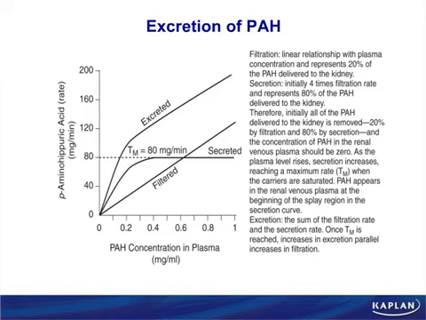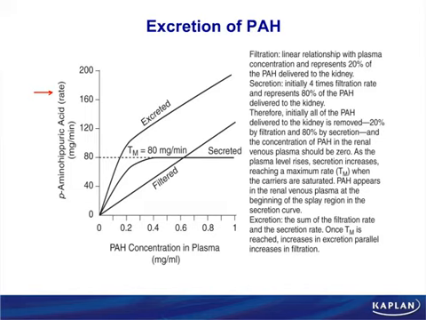Okay, so now we have to talk about graphing PAH. Whenever you're faced with a graph, the first thing you should do is look at your x-axis compared to your y-axis. Your x-axis here is the plasma concentration of PAH. So you're looking at what happens as the plasma concentration of PAH increases, compared to what? Compared to the rate.